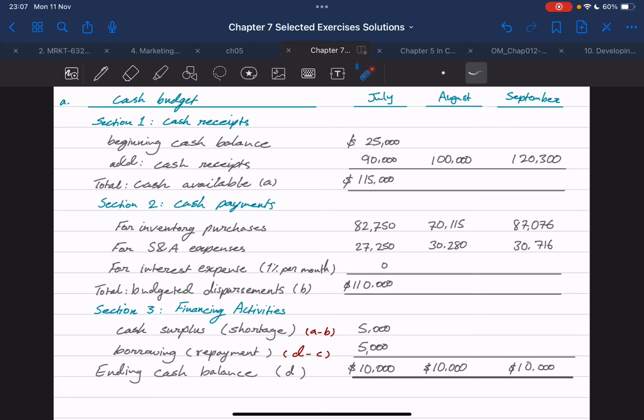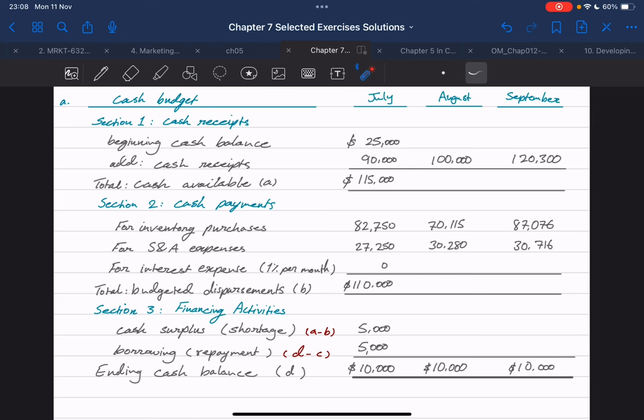If we add all of these together, we get the total budgeted disbursements of $110,000. Okay? So now for the financing activities, we need to take the total cash available and subtract the total budgeted disbursements from it. So 115,000 minus 110,000, we will have a surplus of $5,000.